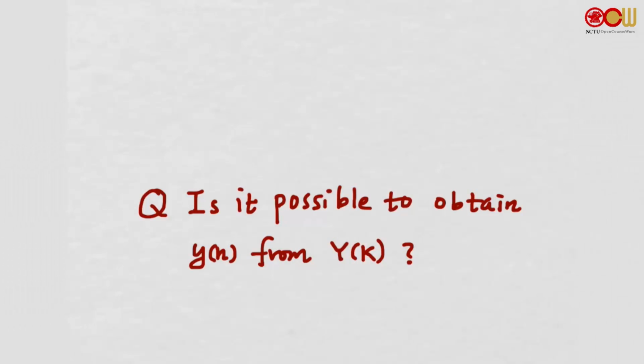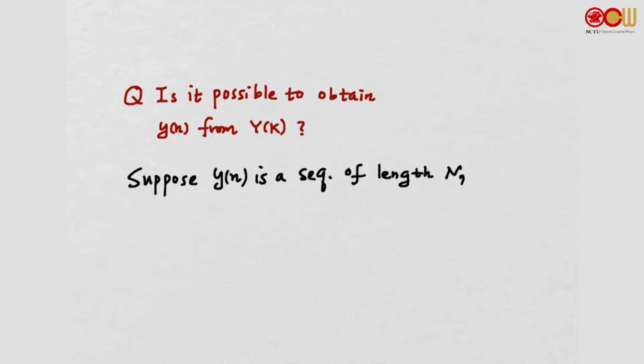So first we would like to answer the question: is it possible to obtain the sequence y[n] if we are given its N-point DFT? Suppose the sequence y[n] is a sequence of length N, and its N-point DFT will simply be the sum of y[n] e^(-j2π/N · kn), n goes from 0 to N minus 1.